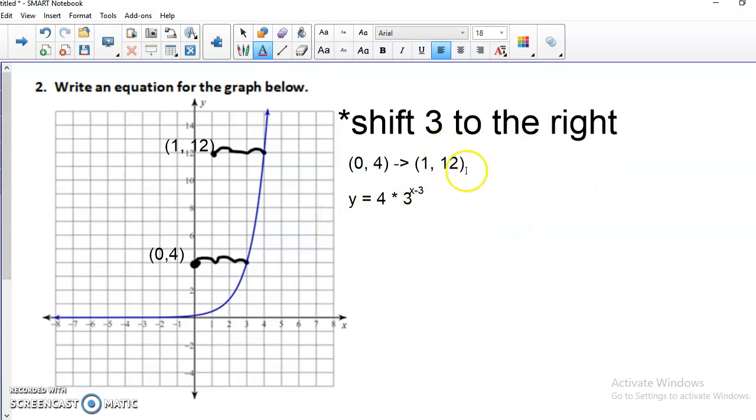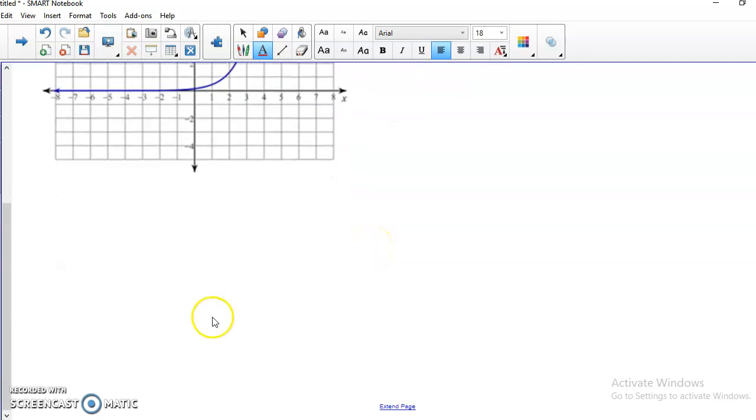And this right here is your answer, 4 times 3 to the x minus 3 power. Again, the 4 came from the y-intercept, my starting value. The 3 came from growing by 3 each time. And then my x minus 3 is because my whole basic initial graph did shift right 3. So that is your answer to number 2.